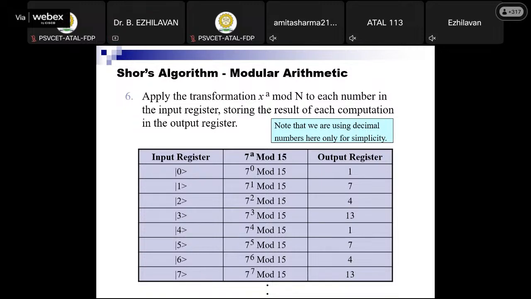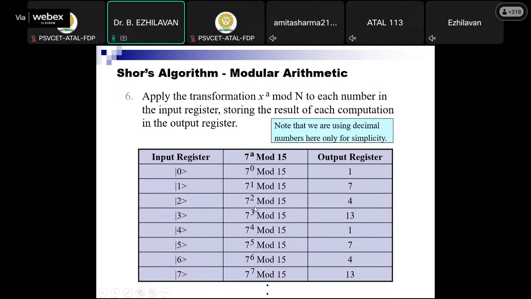So the transformation is x power a modulus n, where x is 7 and n is 15. Already I told, for the input register we have 0, 1, 2, 3, 4, 5, 6, 7. 7 power 0 mod 15 equals 1 in the output register. 7 power 1 mod 15 is 7.